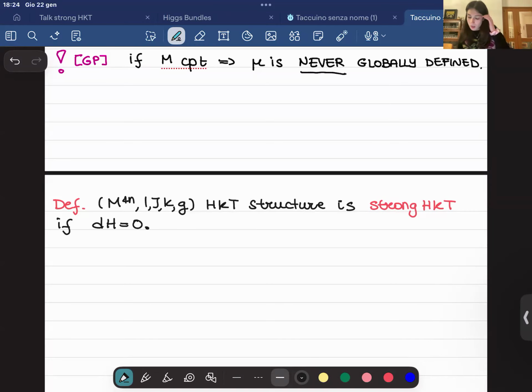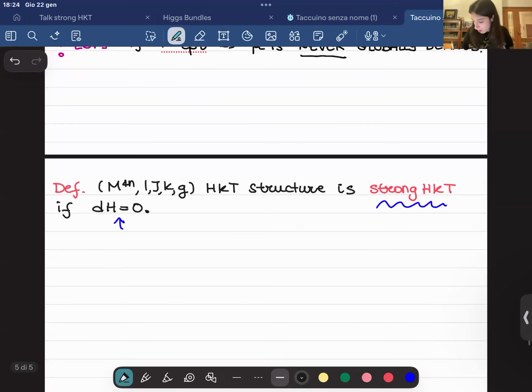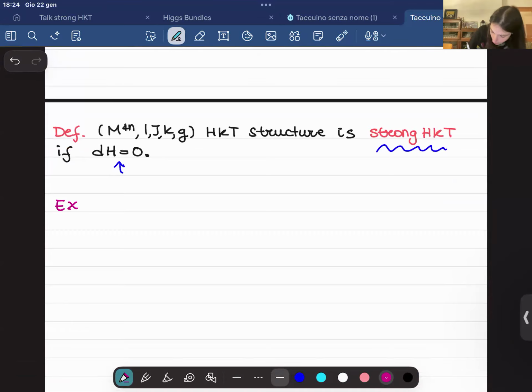Actually, as far as I remember, this was the original definition of HKT, but later this condition was dropped because of really the lack of examples. In fact, we're going to see that this is really a strong condition on the manifolds. And probably a very easy example is given by hyperkähler manifolds.